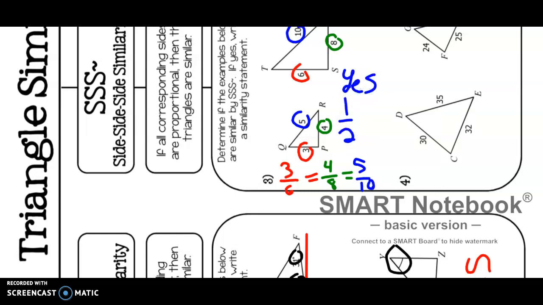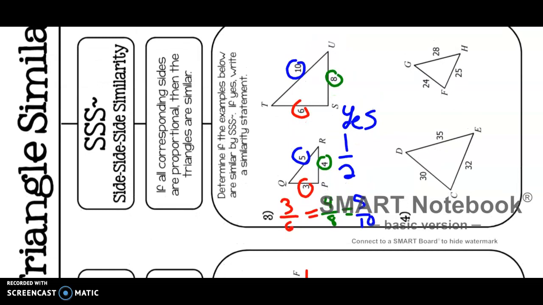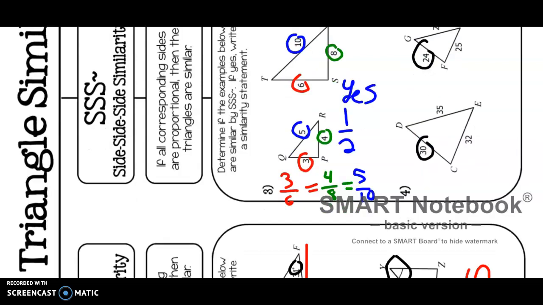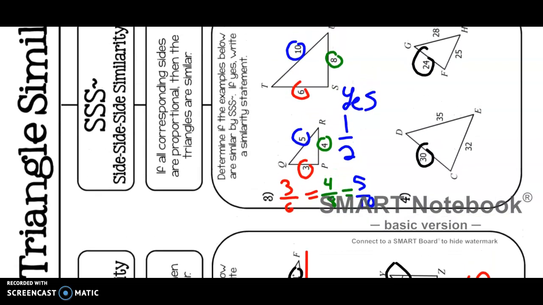We'll do the same thing with the second one. I'll have the first one, which would be 30 and 24, so I have 30 over 24. The second one, we have 35 and 28, so I have 35 over 28.